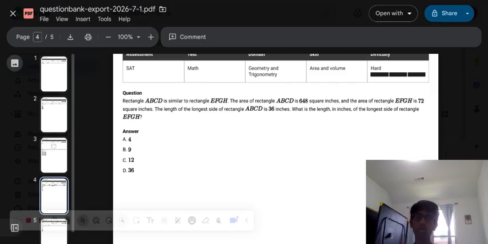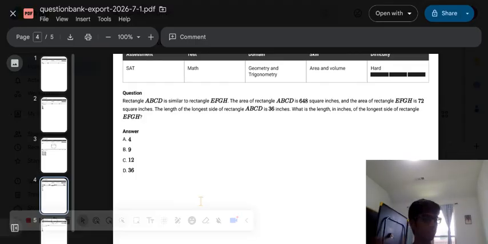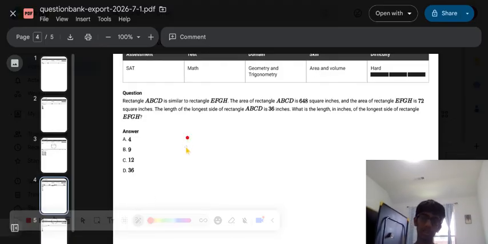Okay, so there are multiple ways you can solve this problem, but I'll be teaching you the easiest way. So the easiest way depends on understanding what is a similar rectangle or a similar triangle or similar anything. So a similar rectangle means a rectangle that has the same proportions.